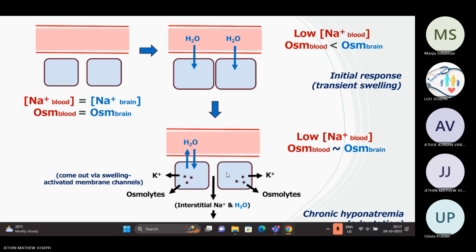This is how, in chronic hyponatremia, the brain cells are able to reduce and prevent swelling even if hyponatremia is present. This happens over a period of days, so it is not present in acute hyponatremia. Once the brain cells have the time to adapt, they secrete these osmolytes outside, and water moves out of the brain cells.